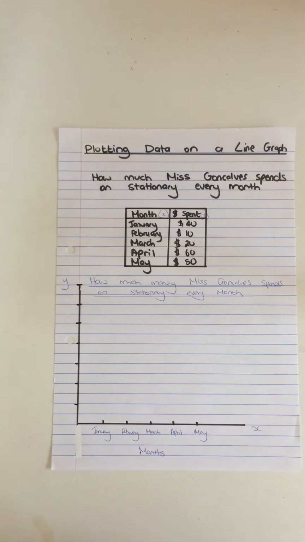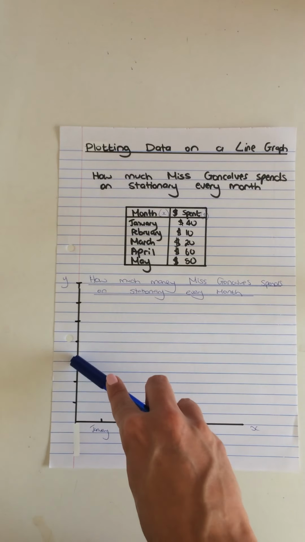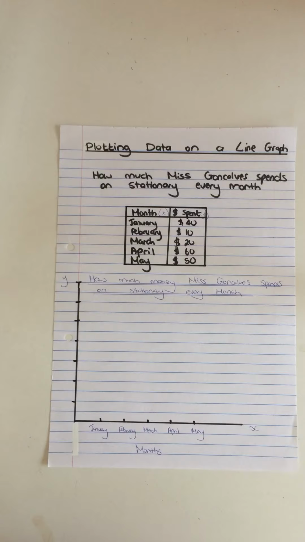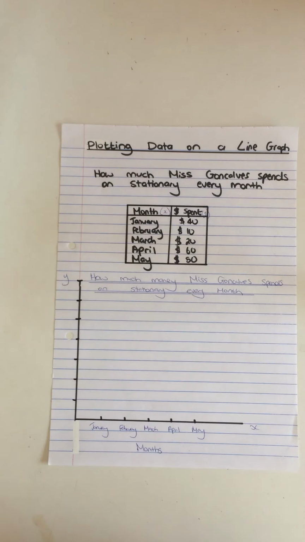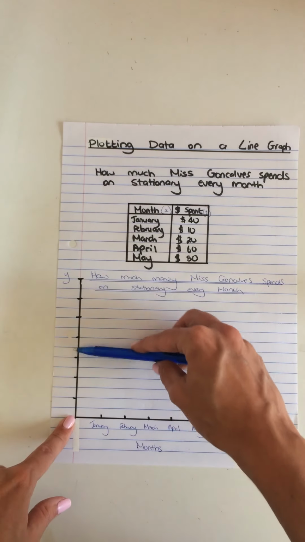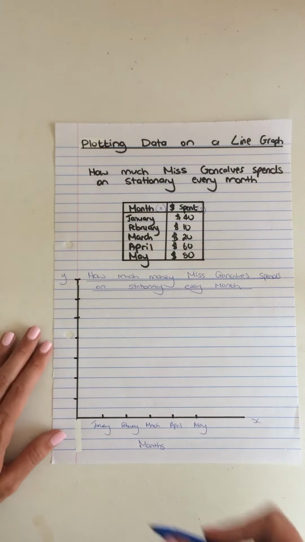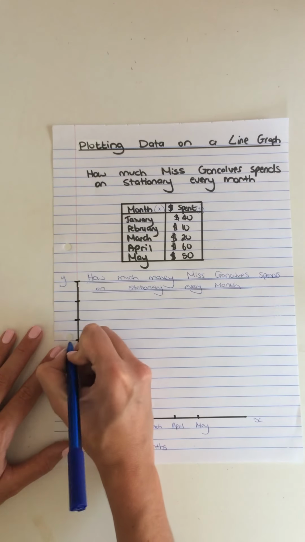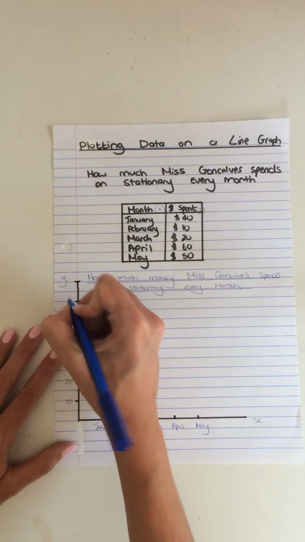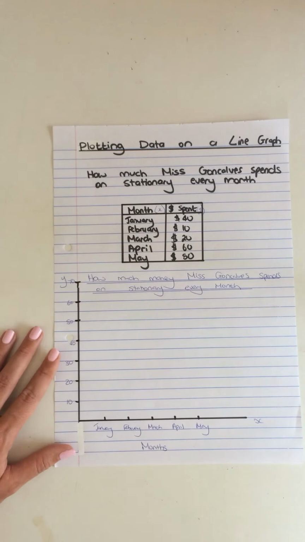That's not how line graphs work. We have to go up the side in order. So I can see that all of the amounts given in the money spent are multiples of 10. So I'm going to use multiples of 10 to go up my y-axis: 10, 20, 30, 40, 50, 60, and 70.